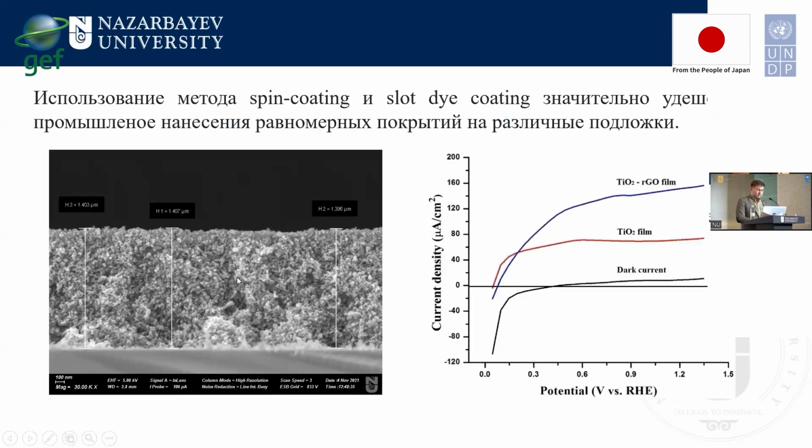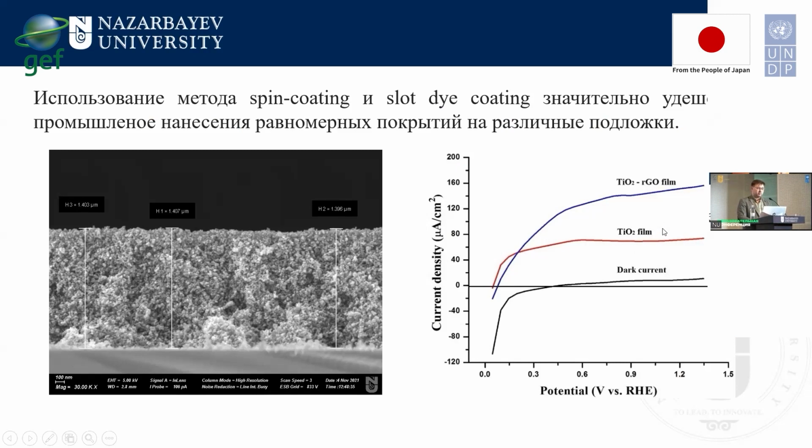Here is one of the pictures. There are actually many of them, but here you can see the conducting glass. It's about 1 micron in size, with TiO2 particles. That also includes reduced graphene oxide.